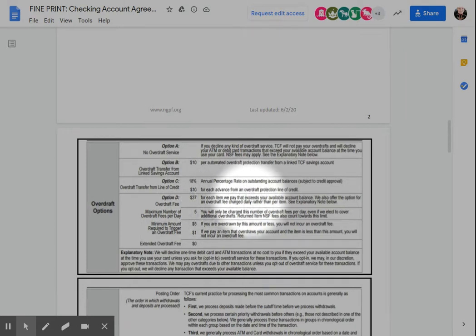So for each item that they pay, when I have non-sufficient funds, it's going to cost $37. Maximum number of overdraft fees per day is 5. So that means I could rack up 37 times 5 in overdraft fees per day.